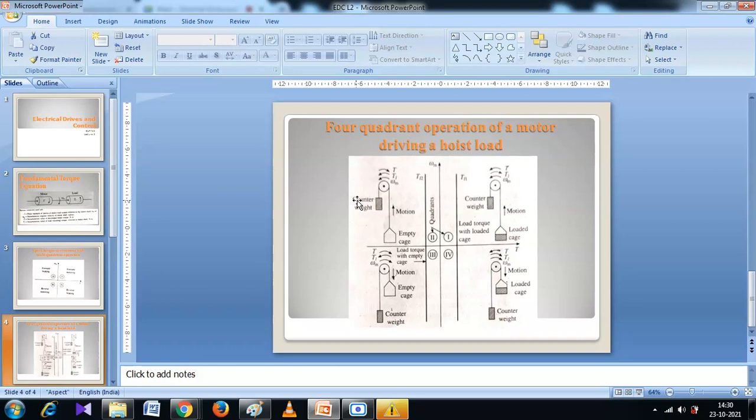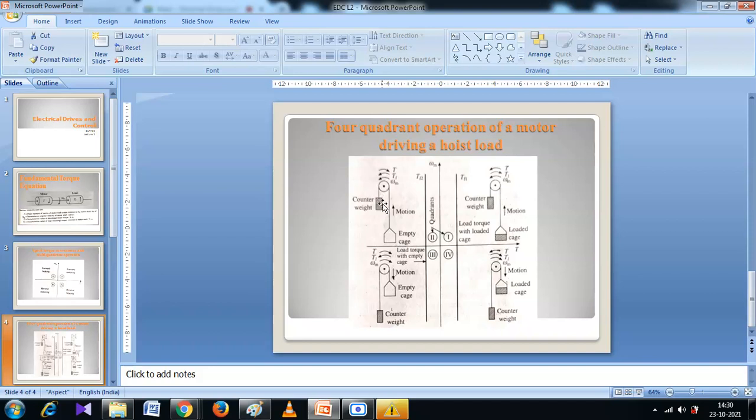Deepak, tell me what will happen. We are considering the counterweight is greater than the empty cage, and this shaft is just like a pulley. Then what will happen due to gravity? The empty cage will go up and the counterweight will go down, sir.